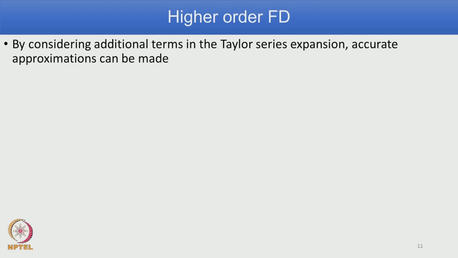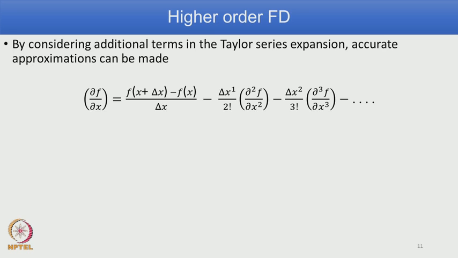We have seen the first derivative evaluated by Taylor series formula with order of accuracy of delta x. We observe that you can reduce the error by reducing the grid spacing, but that is not always possible. We have a limitation in the number of grid points or other practical difficulties to have a finer grid. So, is there a way to get higher order without increasing the mesh size?